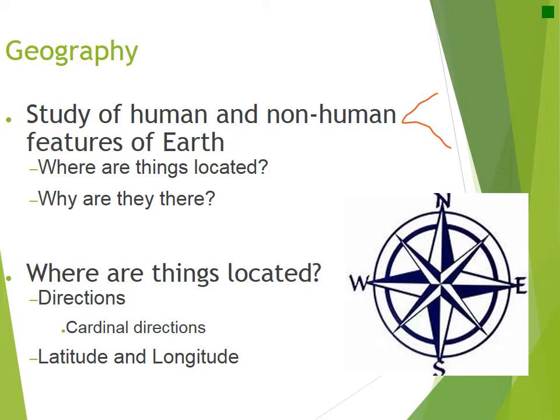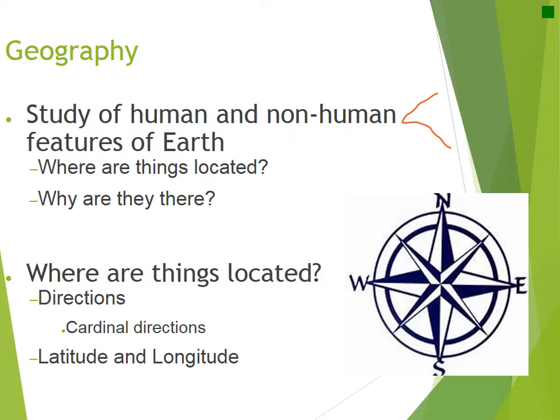For the rest of the semester, we're going to be looking at why are they there? That's the second question. And so what you have to do to figure that out is ask all of the right questions. You need to know about every part of a place to really know why it's located in the area it is. You have to think about, why did my parents choose to live at the house that I live at?